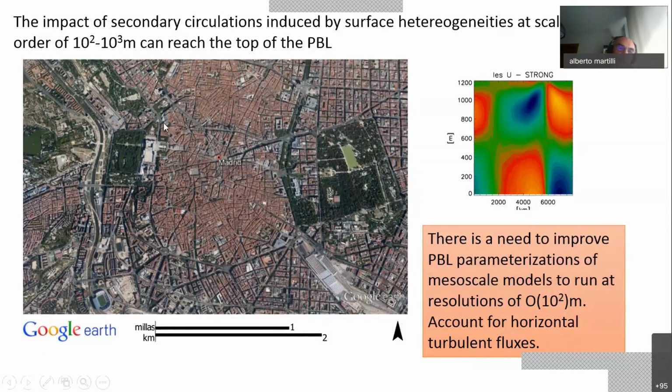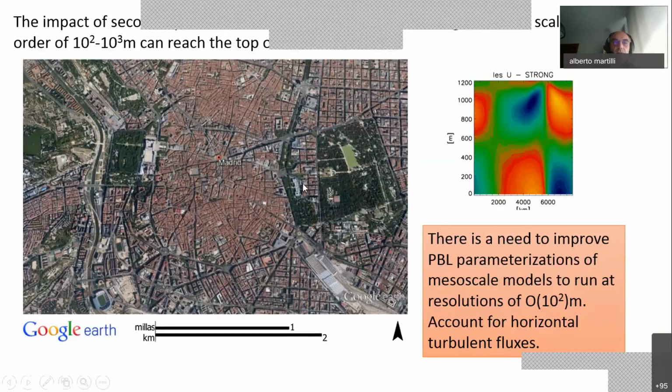You can clearly see that you have the central region, which is the old core with very dense buildings. Then you have a park here, which is pretty large, and you have other neighborhoods with very different urban structures, and all this will generate differences in momentum and in the heat fluxes. They may generate these secondary circulations.